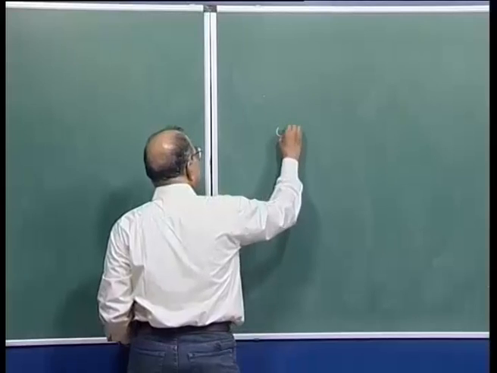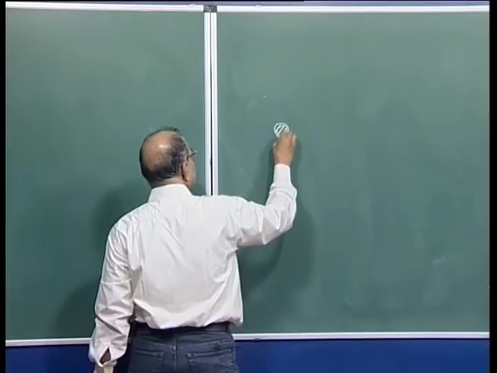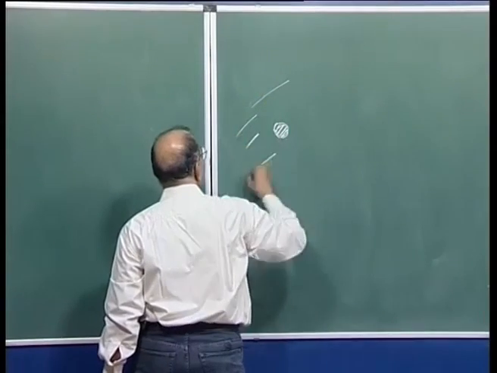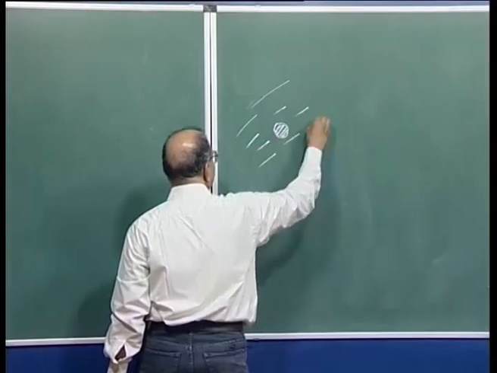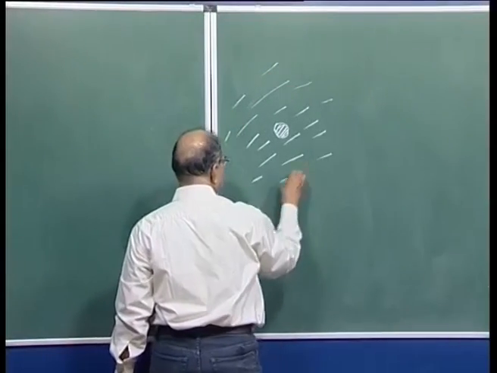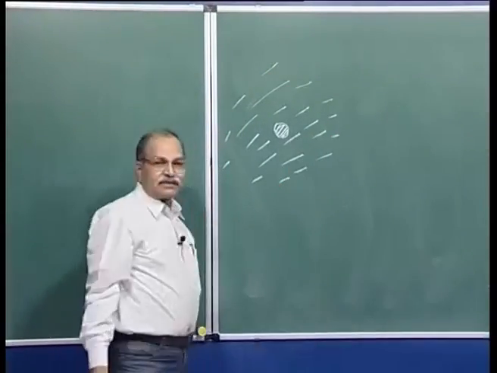So, if you look at the atomic structure, you have a nucleus here and then you have electrons around. I will not draw those circles which are there in elementary textbooks, Bohr's circular orbit, right.